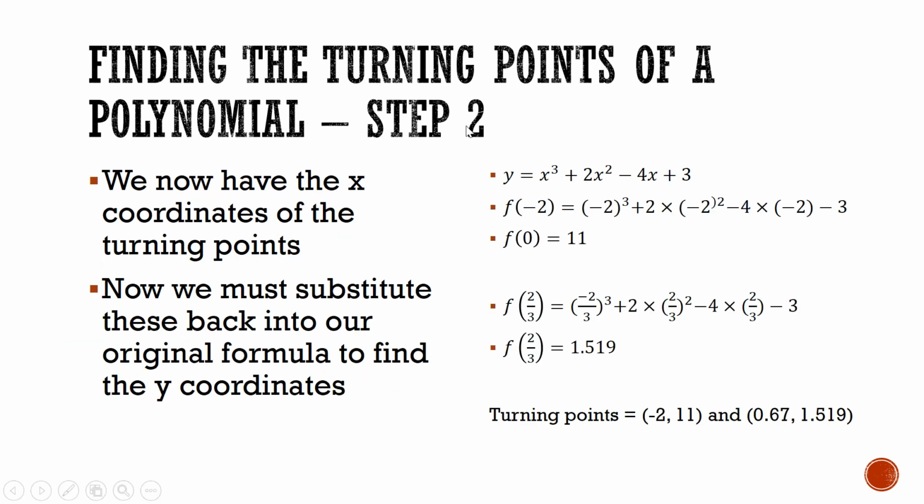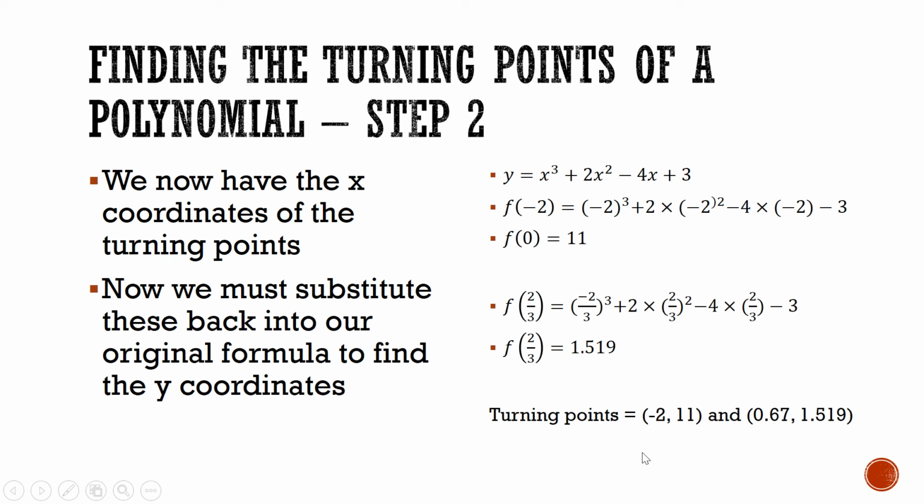Okay, so step 2, we have the x coordinates of the turning points, -2 and 2/3. Now we have to substitute these back into our original formula. So -2 cubed plus -2 squared times 2, and so on, we're just substituting this in to work out to be 11.